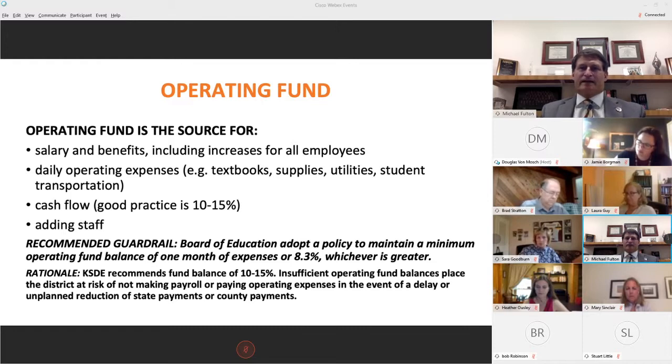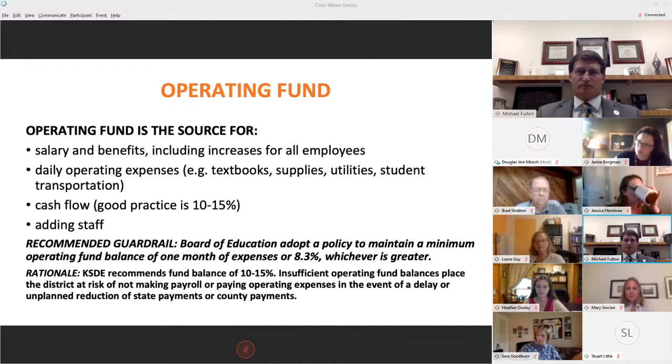So that's why I'm recommending a board policy that provides a guardrail of a minimum of 8.3% balances or 1 month's payroll. Actually, it's 1 month expenses. Apologize. That's the absolute minimum that we should have on balance. So that's something to remember as we go through the rest of this report. Next slide, please.